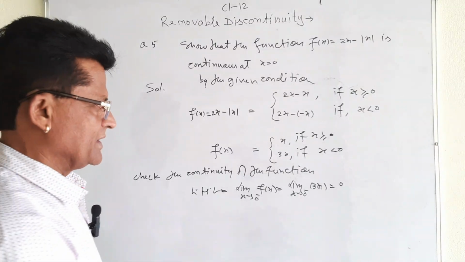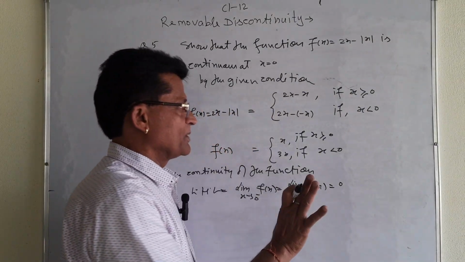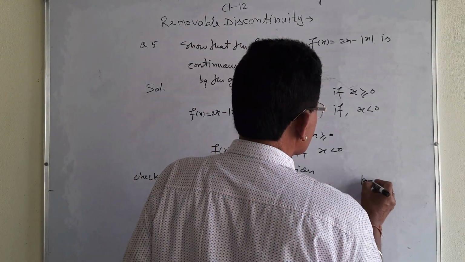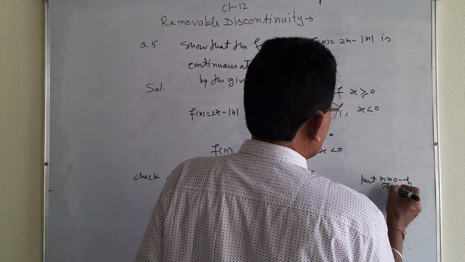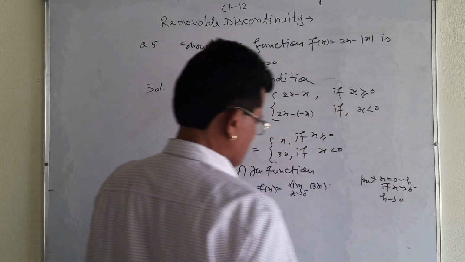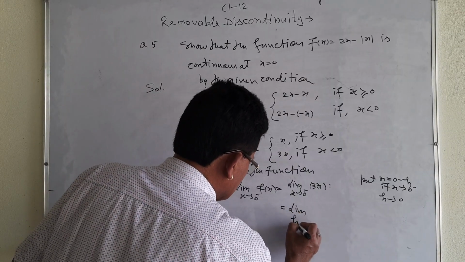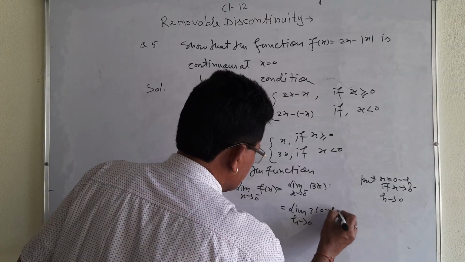You can see. Okay? Although I can put h, I can take it out like this. Put x equal to 0 minus h. If x tends to 0, h also tends to 0. Okay? So what will its value become? My dear student, you must see h tends to 0 of 3 times (0 minus h).